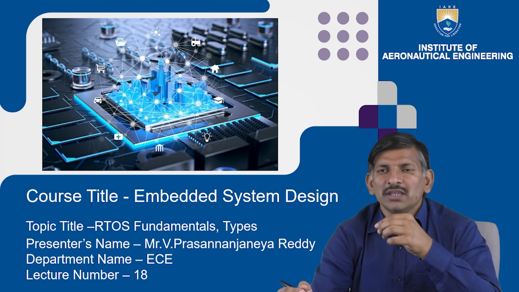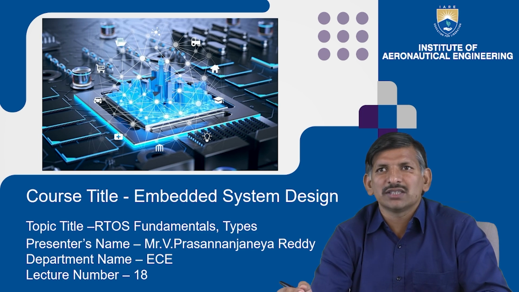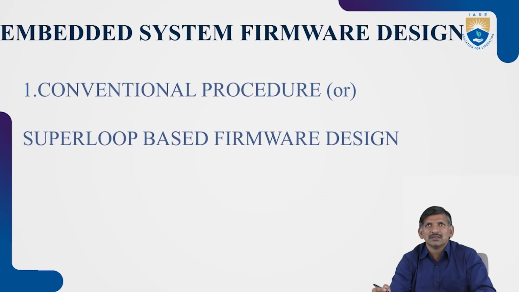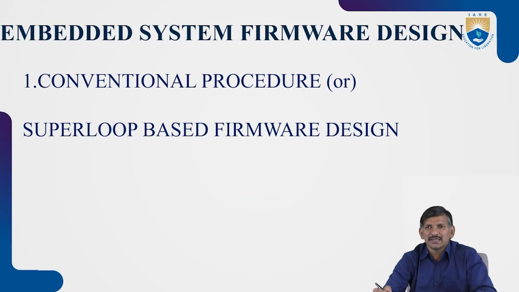Here we can define the instructions in two ways. One is conventional procedure based design, or super loop based firmware design. Conventional means traditional: the task which we want to execute first is executed first.